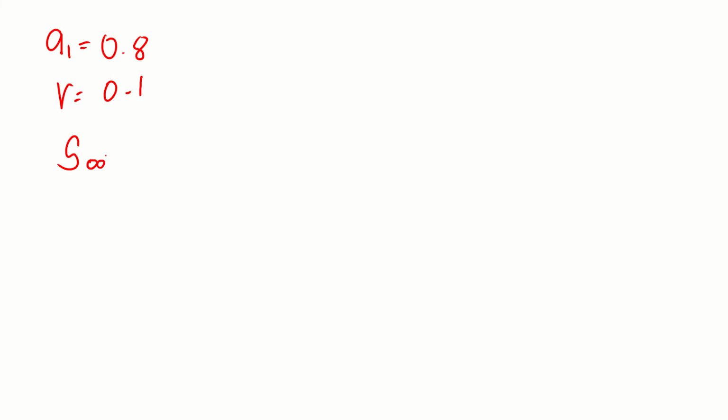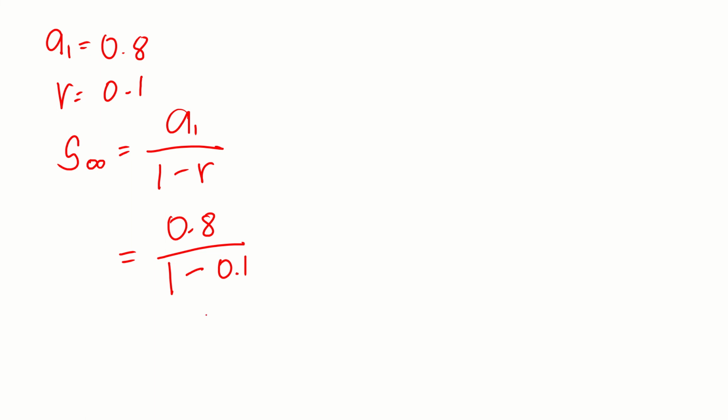Now let's have the formula. S sub infinity is equal to a sub 1 over 1 minus the common ratio. So substitute lang natin. Ano ang first term? So we have 0.8 over 1 minus the common ratio na 0.1. So we have equals 0.8 over 0.9, since 1 minus 0.1 will give you 0.9. Now, paano natin siya makakonvert as a fraction?